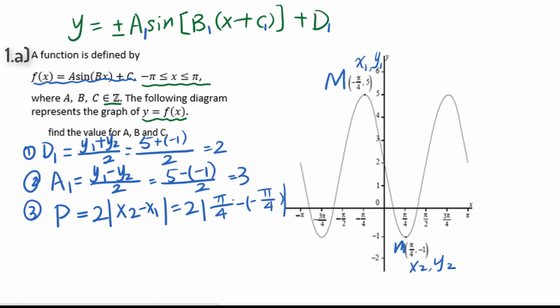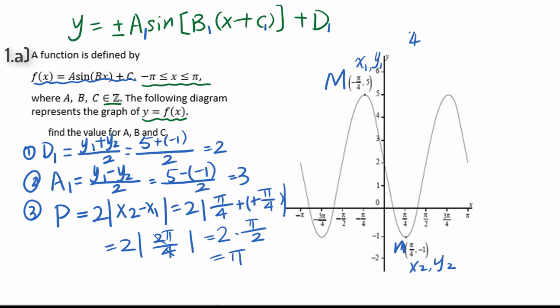Negative will be positive. So we get 2 times the absolute value of 2 pi over 4. Reduce, you will get pi over 2. So the answer is pi.